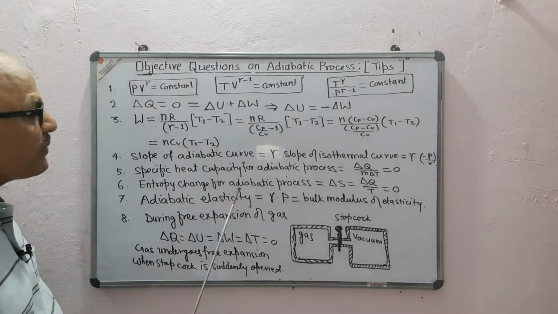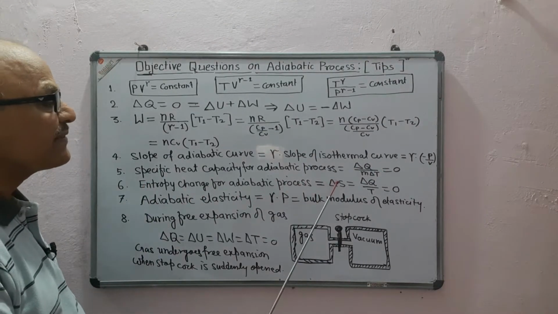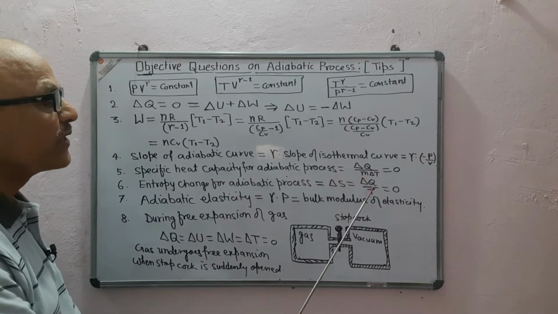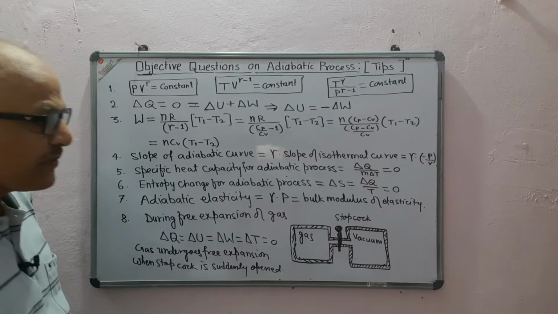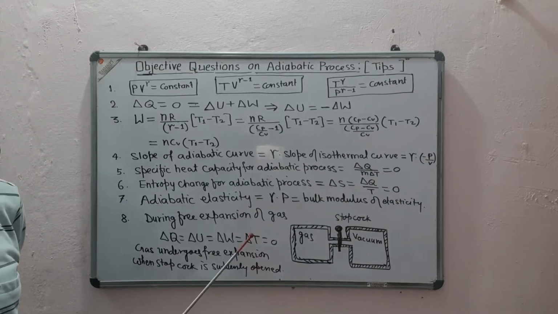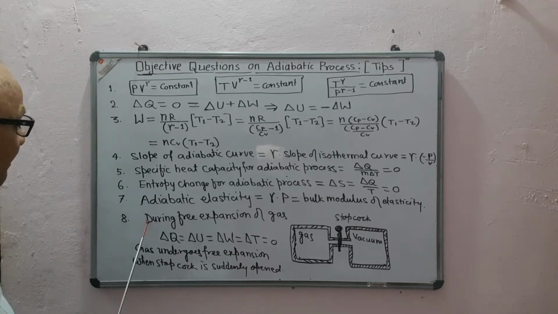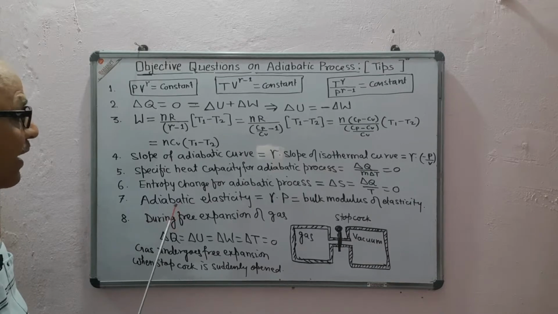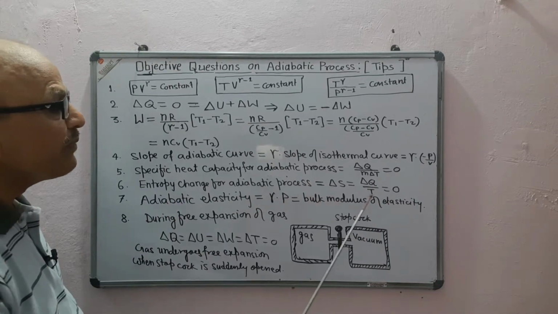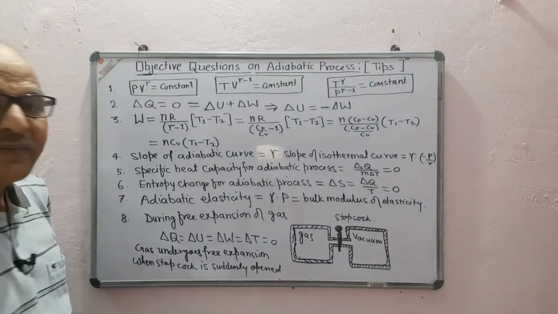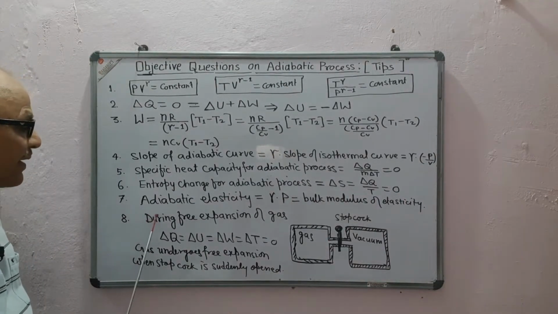Similarly, entropy change for adiabatic process is delta S is equal to delta Q upon constant temperature. Delta Q is 0, therefore entropy change will be 0. Next, adiabatic elasticity is gamma into P, which is the bulk modulus of elasticity.